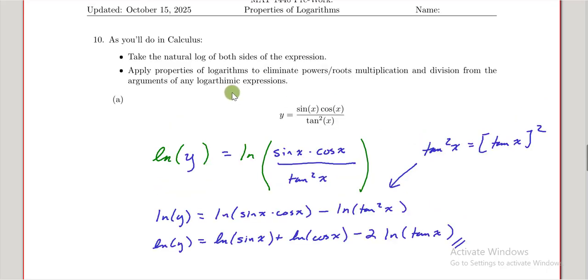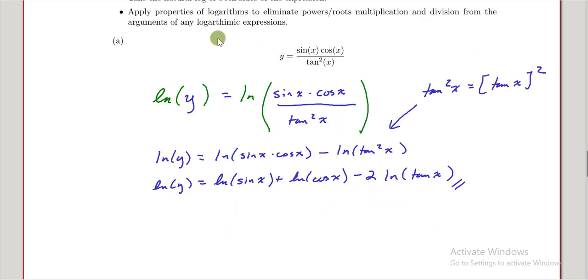If you go look at this problem here, we were asked to apply the properties of logarithms to eliminate powers, roots, multiplication, and division from any of the arguments. What you don't know is why in calculus we're going to want to do this, but I'll just say for right now, it turns out a lot of our calculus steps that you do when you get to calculus will be easier if you've already broken up some massive expression down into smaller expressions.